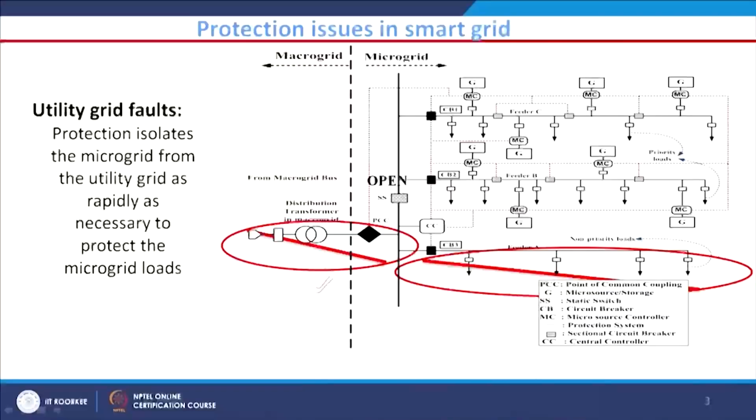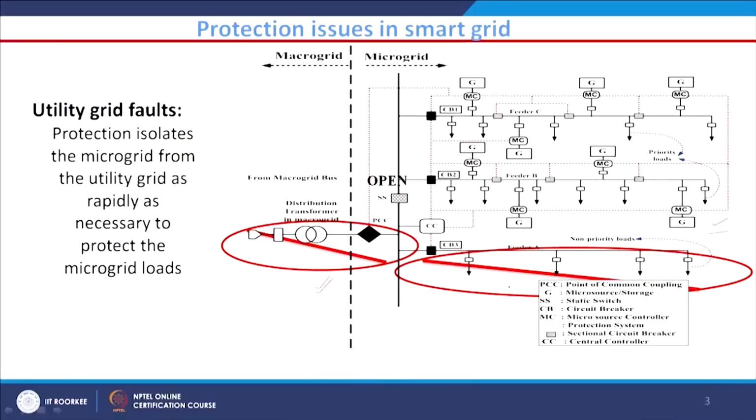Now, if we have a fault at the grid side, then we also have to take care of that. Otherwise, this fault current will propagate to the microgrid components like renewable sources, battery storage and loads. Even though we have storage on the microgrid side, those components are very sensitive electronic devices.